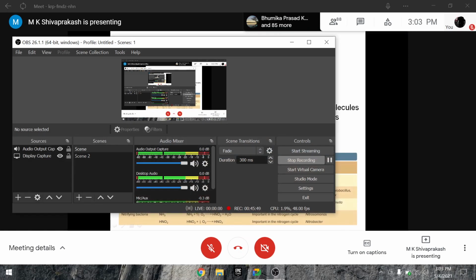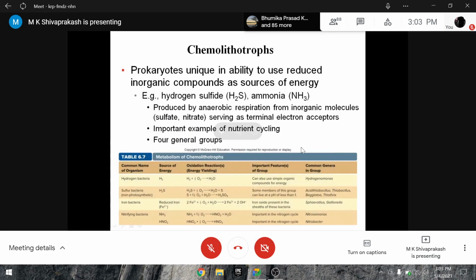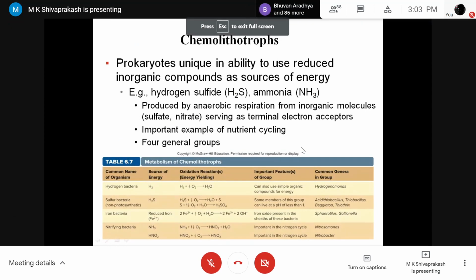Those are two examples. You have several other examples, like iron oxidizing bacteria, also key examples of chemolithotrophs or chemoautotrophs. This hydrogen sulfide or ammonia is produced in anaerobic respiration.